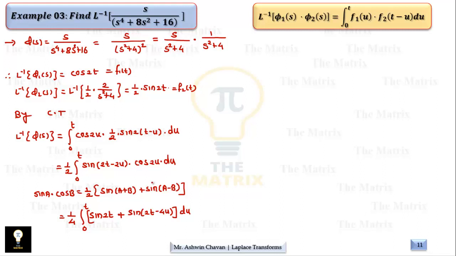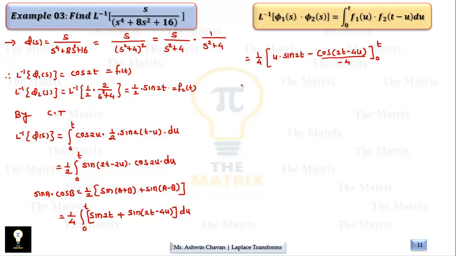Now we can integrate it easily. Sine 2t is a constant with respect to u, so its integral is u into sine 2t. Then we have plus, now for sine of 2t minus 4u, the integral is minus cos of the bracket upon the derivative of the bracket. So we have minus cos of 2t minus 4u upon the derivative of the bracket with respect to u, which is minus 4, in the limits 0 and t.